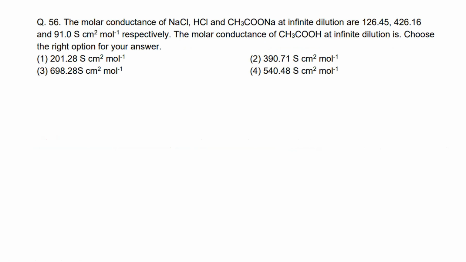Next, question number 56. The molar conductances of sodium chloride, HCl, and sodium acetate at infinite dilution are given, and the values are also given. Now he's asking for the molar conductance of acetic acid at infinite dilution. Choose the right option. This question you can do using Kohlrausch law. According to Kohlrausch law, for acetic acid, the molar conductance at infinite dilution will be given by molar conductance of sodium acetate plus molar conductance of HCl minus molar conductance of NaCl.